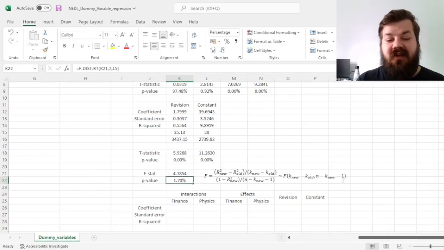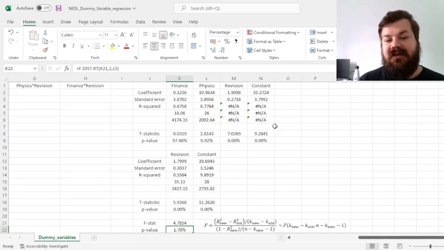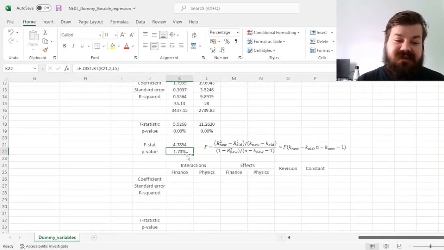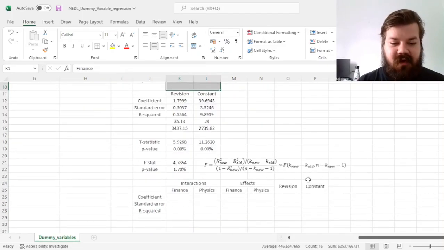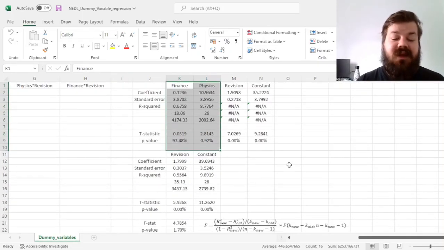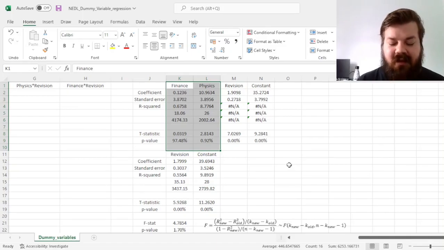That returns a p-value of 1.7%, meaning that the dummy variables jointly are statistically significant at 5%. This p-value is below 5%, meaning that it was warranted to include those dummy variables into our analysis, and that this relationship is not spurious. It's not due to data mining or testing loads of dummy variables at the same time.